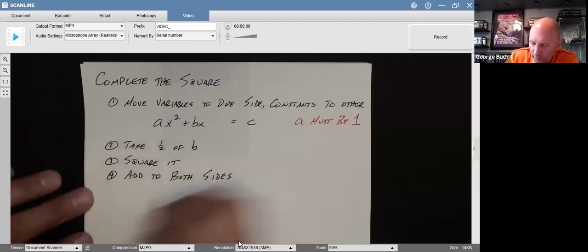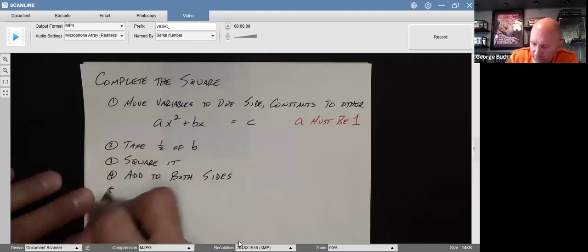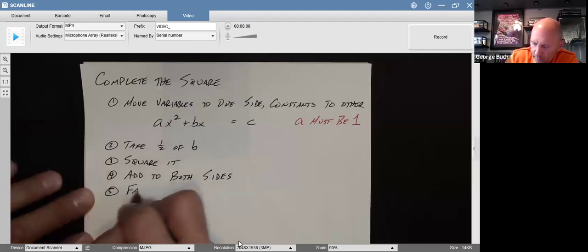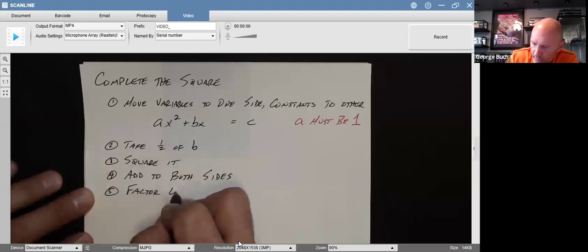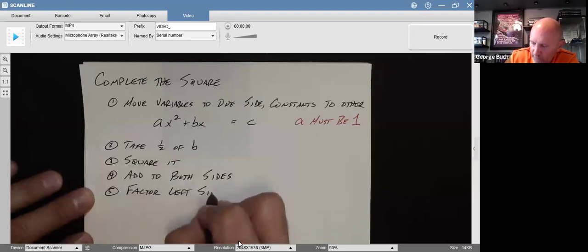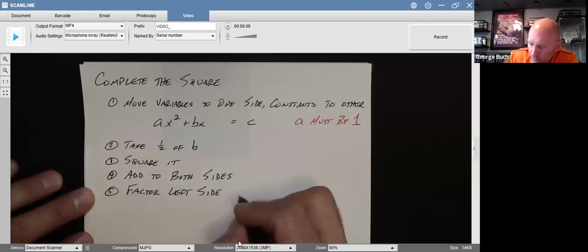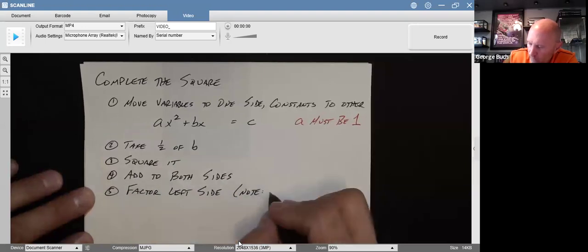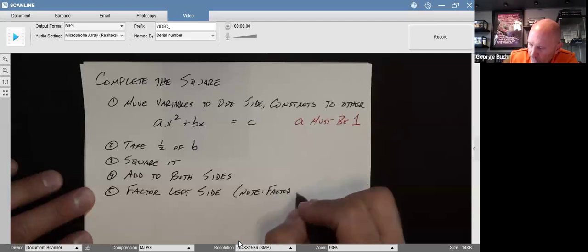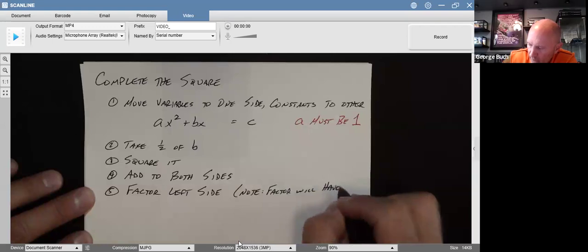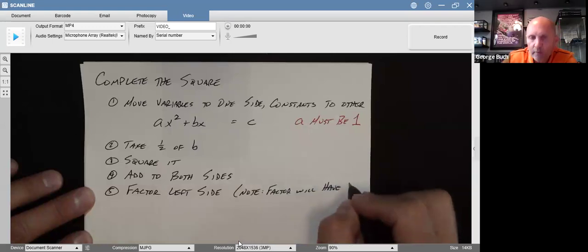And once you do this, you can now factor the left side with the variables. And just as a note, the factor will have whatever 1/2 of b was.